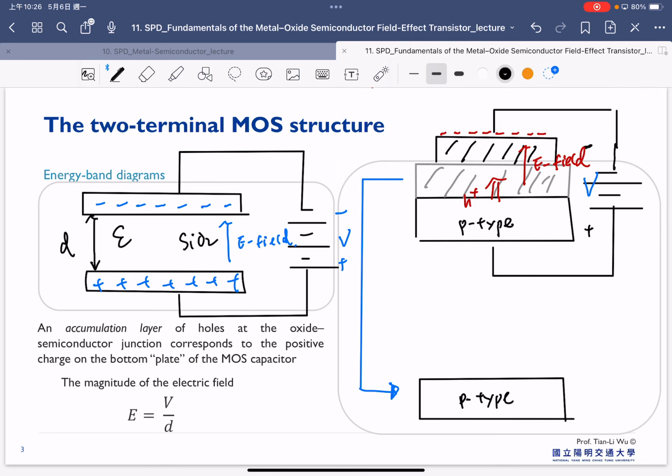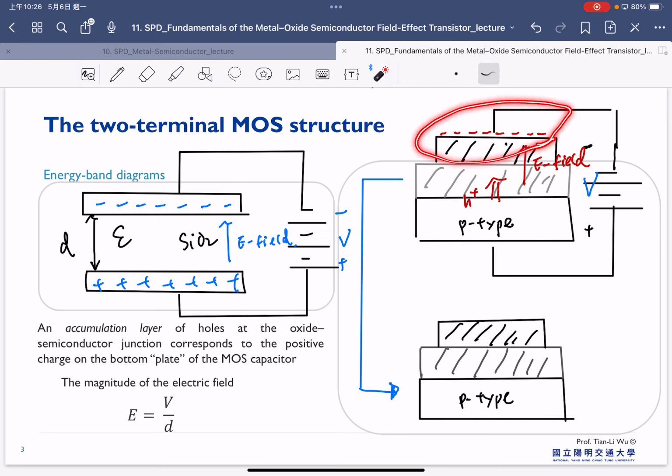This is P-type, and we have the oxide here. Since we apply the negative bias, we start to attract the holes toward the top.